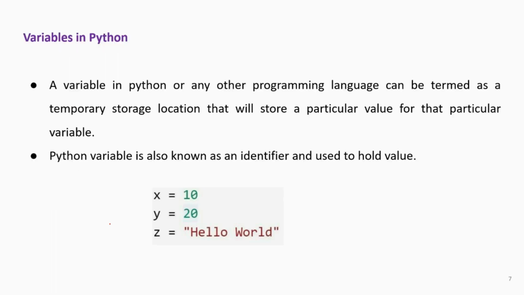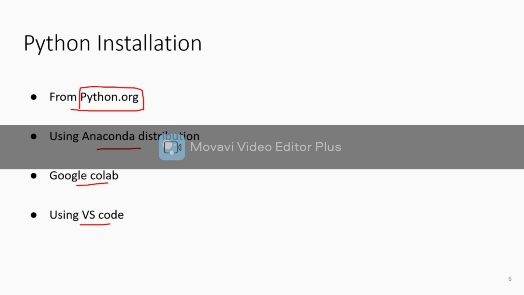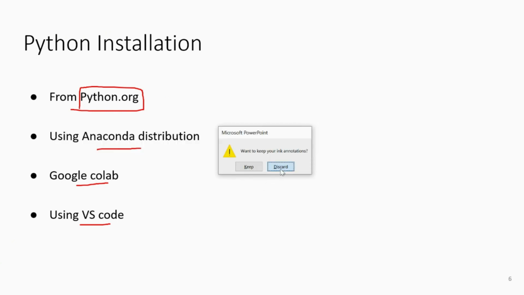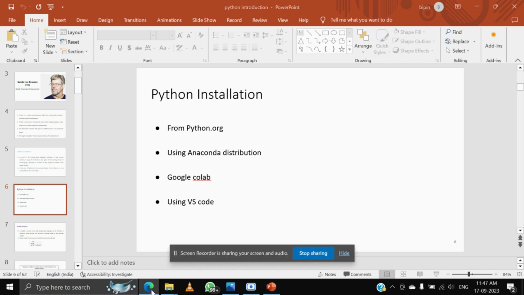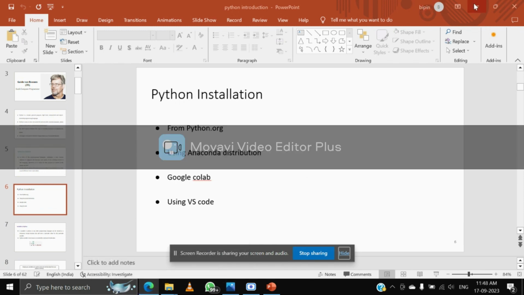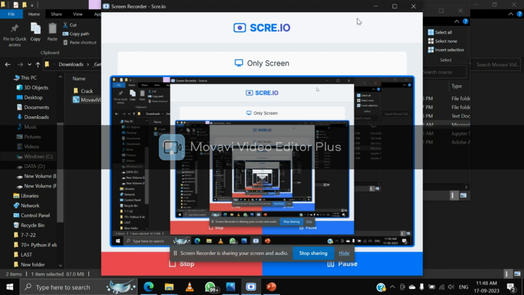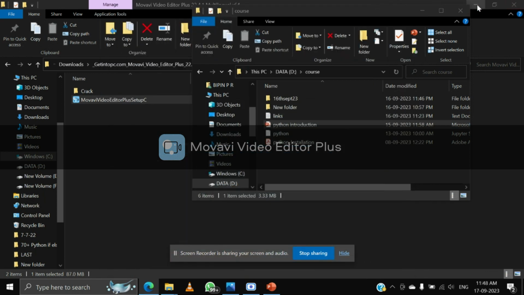Okay, so we will start with how to install Python using python.org. For that purpose, we need to go to the browser, any of the browsers available with you.